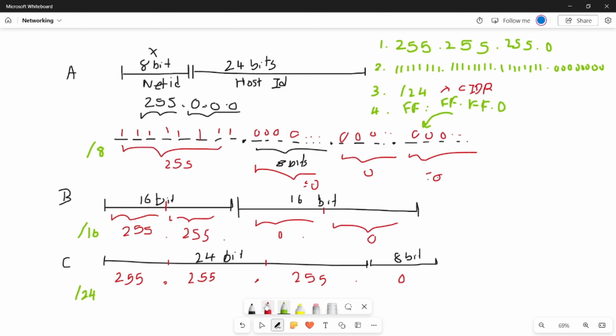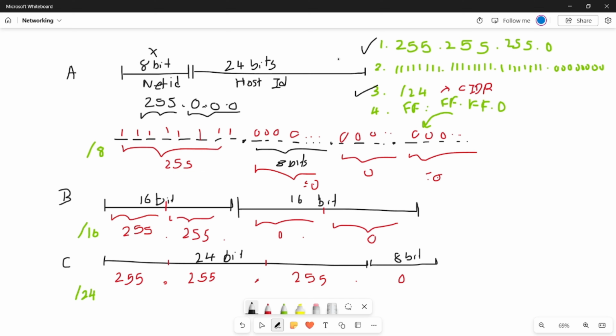Most commonly used notations are the first one and the third one. The other two are not commonly used, but we can indicate the subnet mask like this. So this is about subnet mask. We will discuss how to calculate the subnet mask when subnetting a network. It is very important to know.